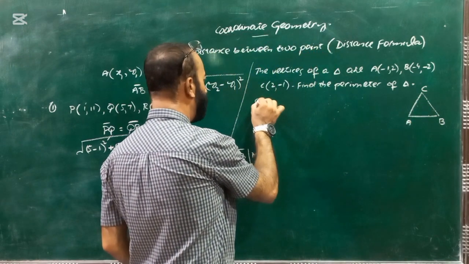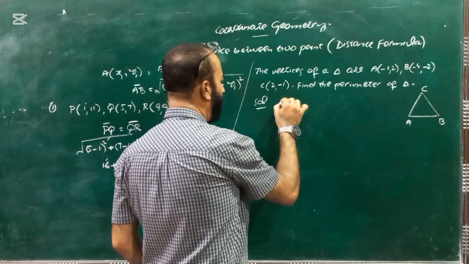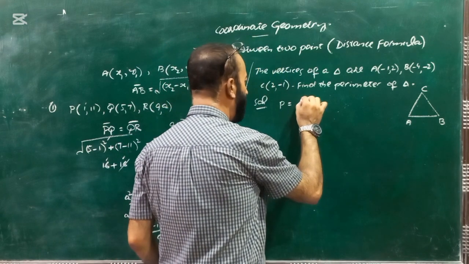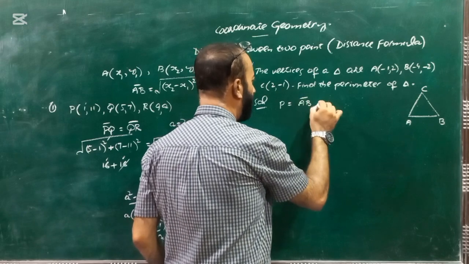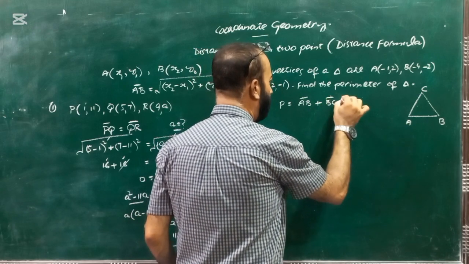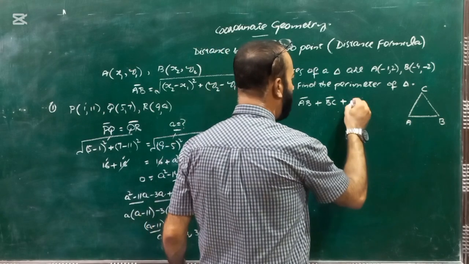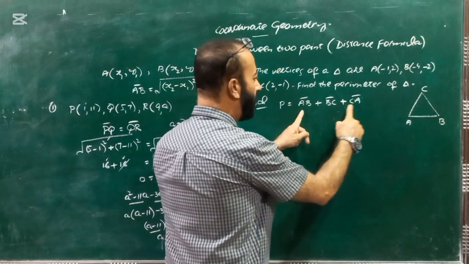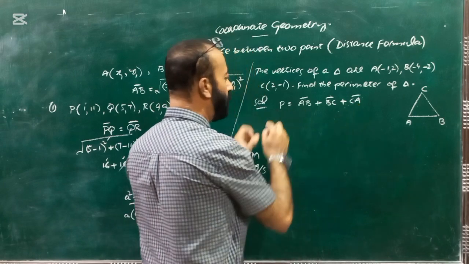So the solution: perimeter is equal to the sum of outer boundaries, that will be AB plus the measure of BC plus the measure of CA. If we add all three distances, that will be equal to the perimeter.